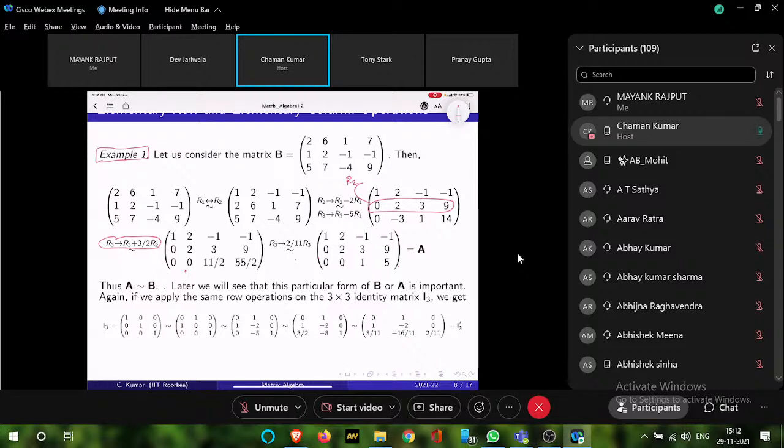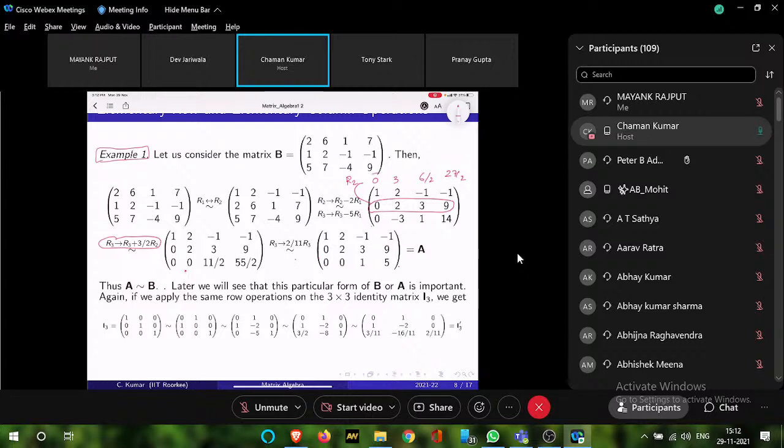So you multiply 3 by 2, 0 multiply 3 by 2 is 0. So you have 0. 3 by 2 means you get 3 here. 3 by 2 means you get 6 by 2, and 3 by 2 means 27 by 2.